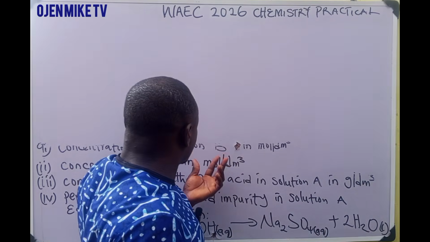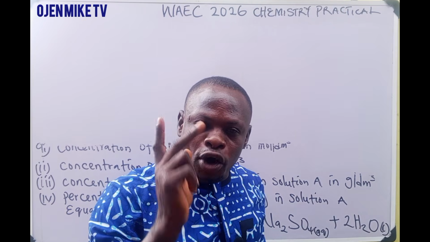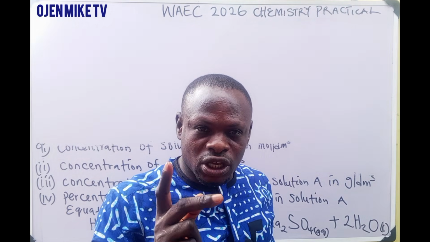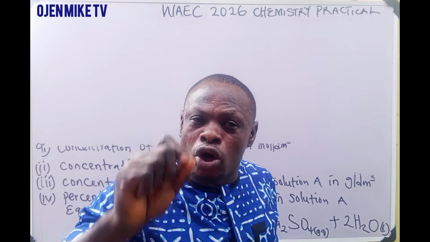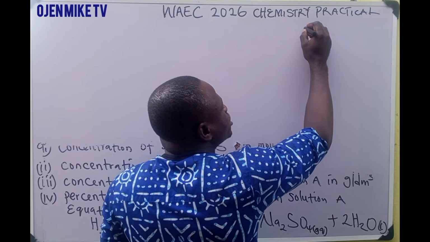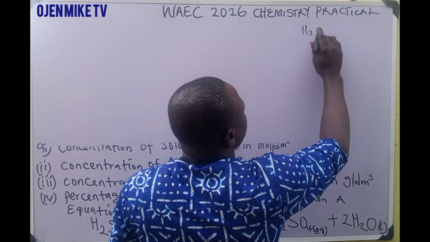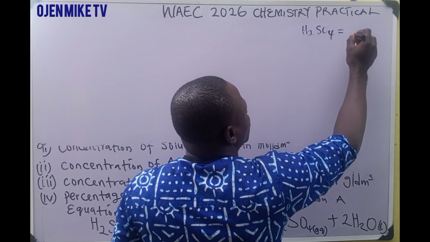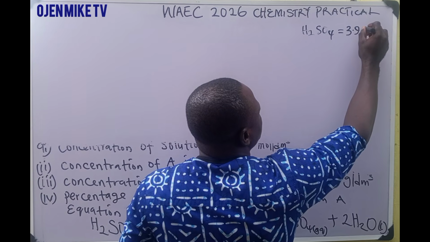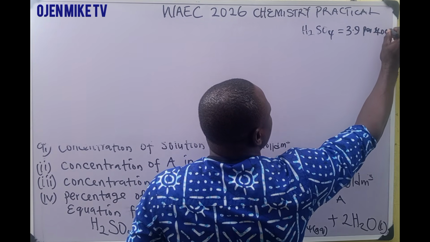To calculate concentration of B in moles per dm3, there are two major formulas you can use to calculate concentration of B or A in moles per dm3. But before looking at them, H2SO4 is given as 3.9 per 400 cm cubed.